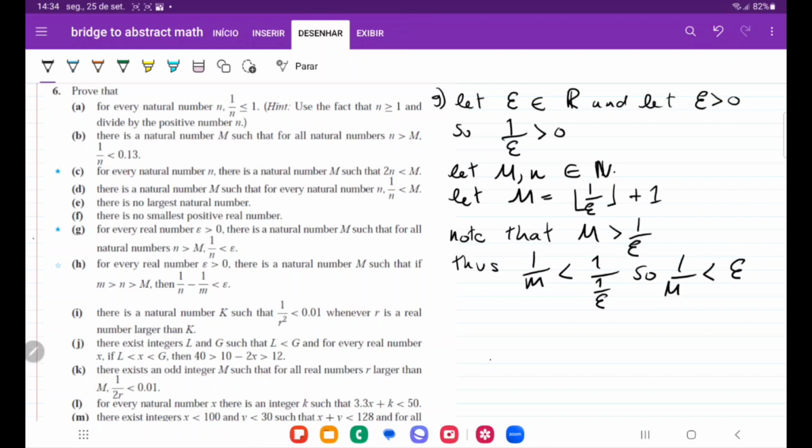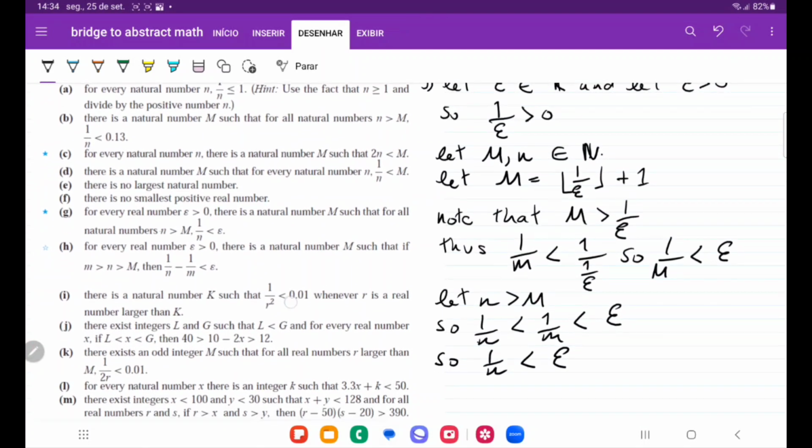Okay, so once we have this, we're going to say let n be greater than m. So 1 over n is going to be less than 1 over m. Thus, actually I should put, 1 over n is less than 1 over m, which is also less than epsilon, right? So 1 over n is going to be less than epsilon.